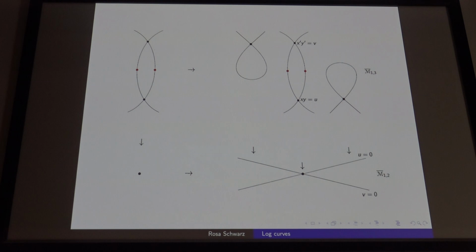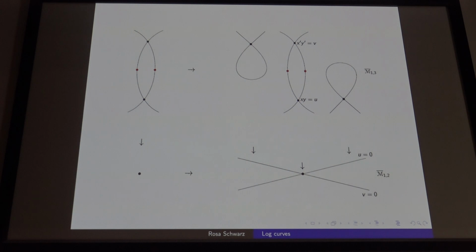And at M_{1,2} bar, because each node adds 1 to your deformations, this would actually locally look like this. And right now I've not drawn M_{1,3} bar, but I've drawn the universal curve over M_{1,2} bar, which is marked, but maybe not exactly what you would expect from a drawing of it.